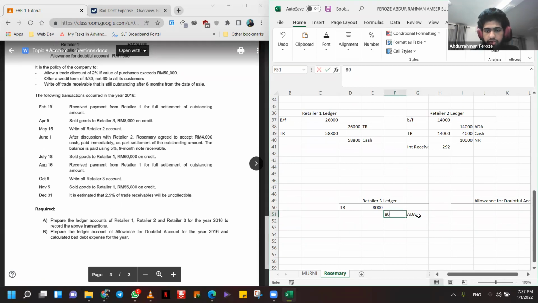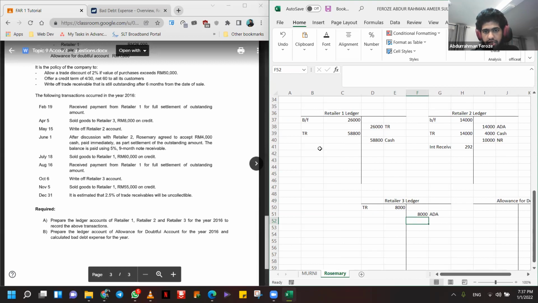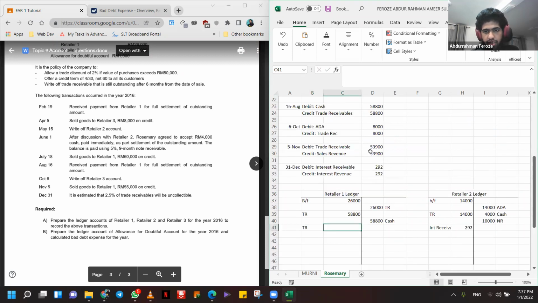So now this is shown, we have written it off. And then on November 5th, we sold goods to retailer 1, 55,000 ringgit on credit. Once again, TR 55,000. The amount that they owe us is 53,900 because of the 2% discount.